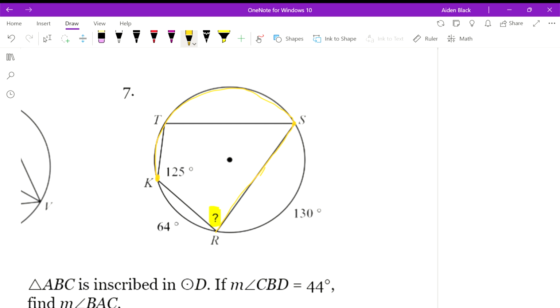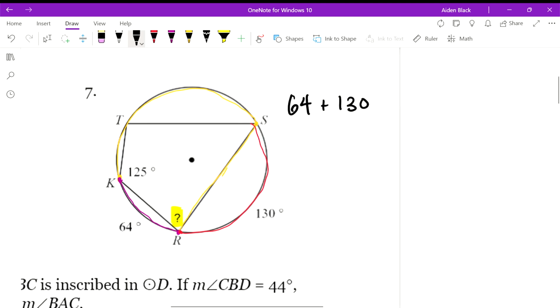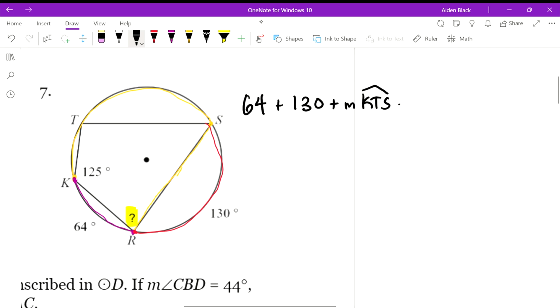We don't know what that is yet, but we do know the rest of the circle. So this is 64 plus 130. So let's add up 64 plus 130. And we know that whatever the measure of KTS is, it equals 360. So let's add these up.